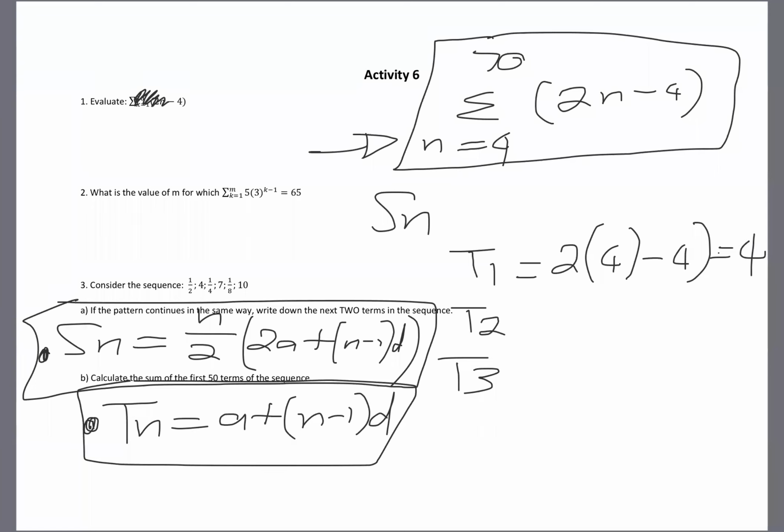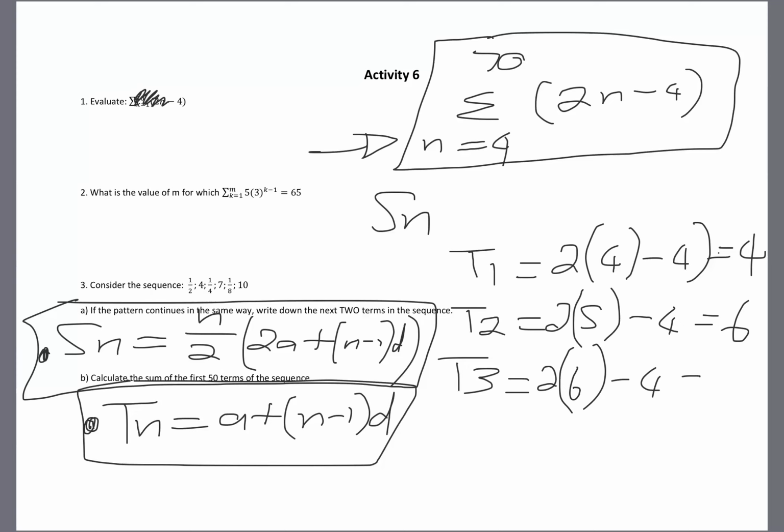And then my T2, I'm going to say 2 multiplied by 5, because we're just carrying on, minus 4, which gives me 6. And then T3 is going to be 2 multiplied by 6, minus 4, which gives me an 8.